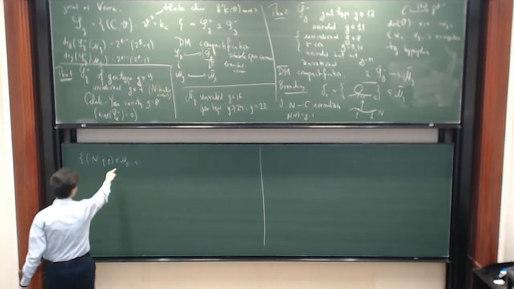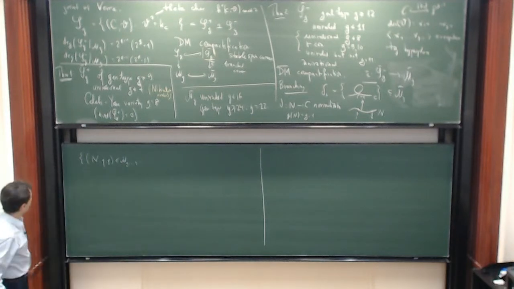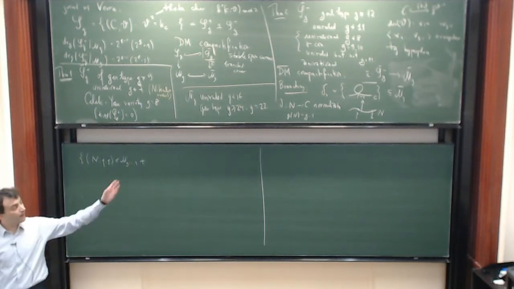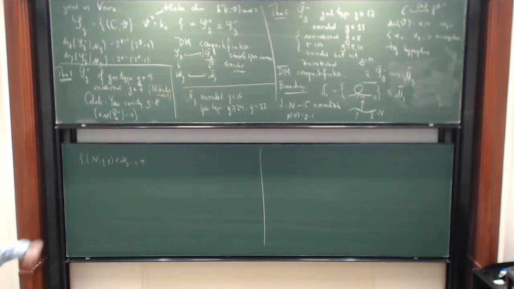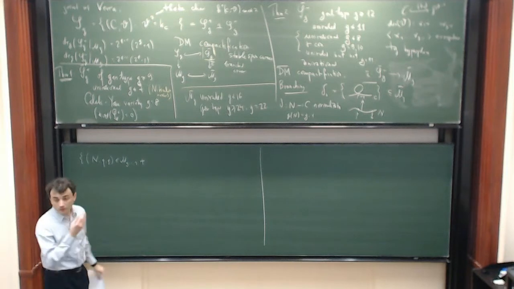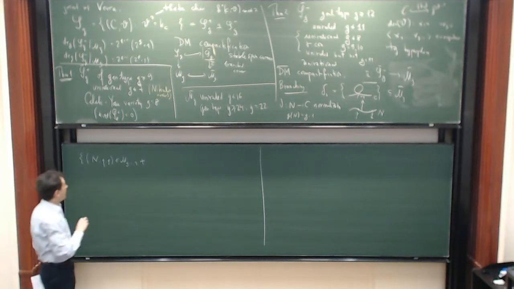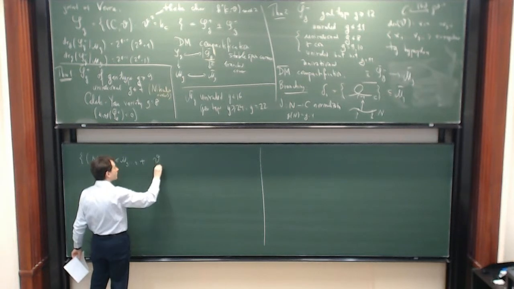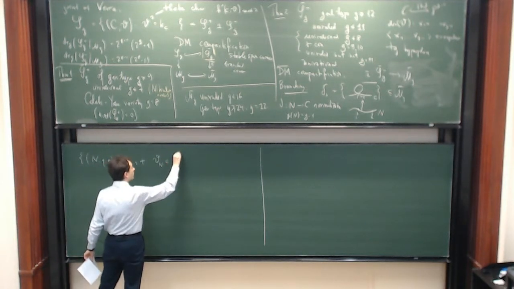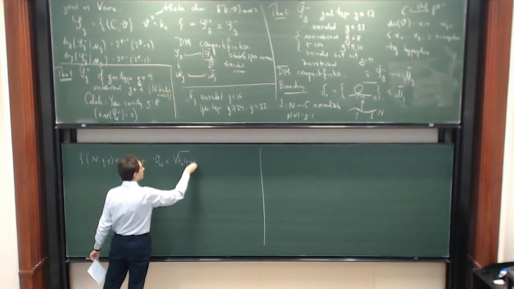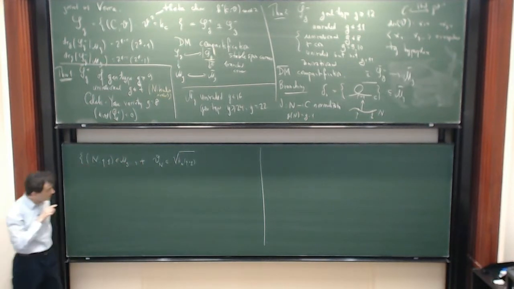If I want to have a locally free bundle on the nodal curve, this should be a bundle of degree g minus 1 on N. And then I have here a bundle, which is a root of the canonical bundle of N twisted by P plus Q. You see that at least the degree matches.